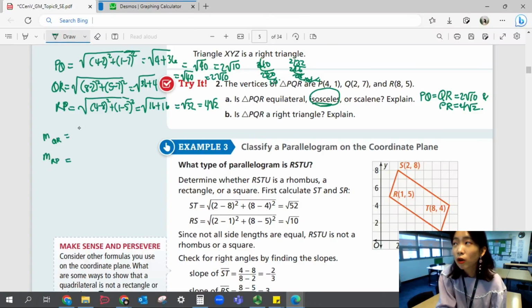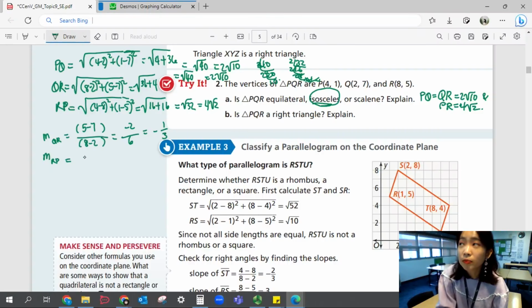So plug in your y values. Make sure the order of the points is the same. So QR, we can start with R. That's y. So 5 is your y value, minus 7. And then 8 minus 2. That is minus 2 over 6, which is negative 1 over 3.